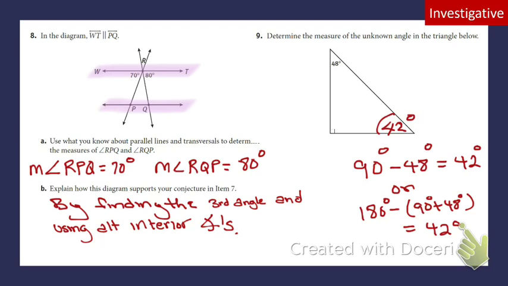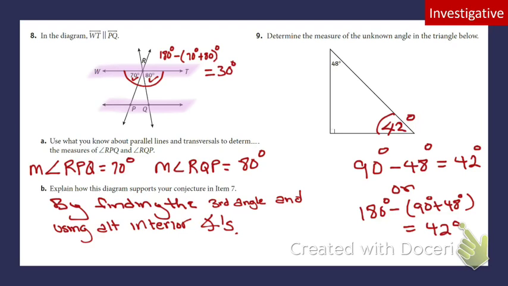Number 1, I looked at the figure, and this is a straight angle. If this is a straight angle, and I know this angle, and I know this angle, I can subtract them both from 180 degrees. So 180 degrees minus the addition of 70 plus 80 degrees is going to give me back 30 degrees.